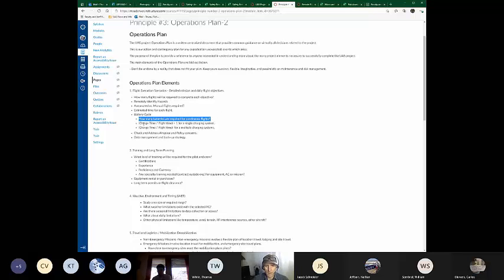So a little equation here. We have charge time divided by flight time plus 1. And that's what we need for a single cycle. Right, so the idea here is that if we have a single battery, it takes 45 minutes to charge.